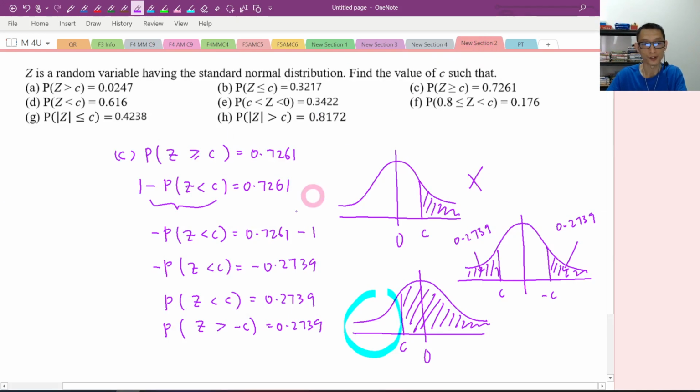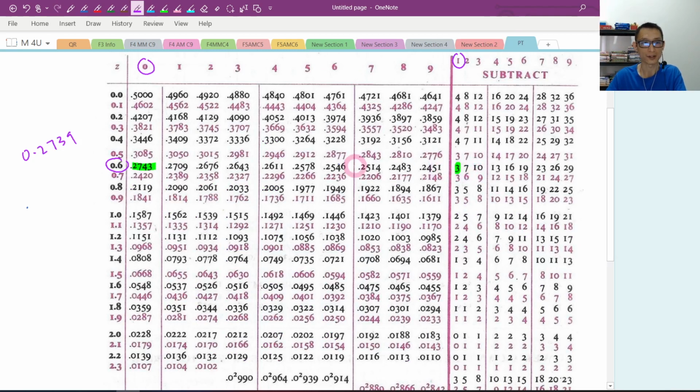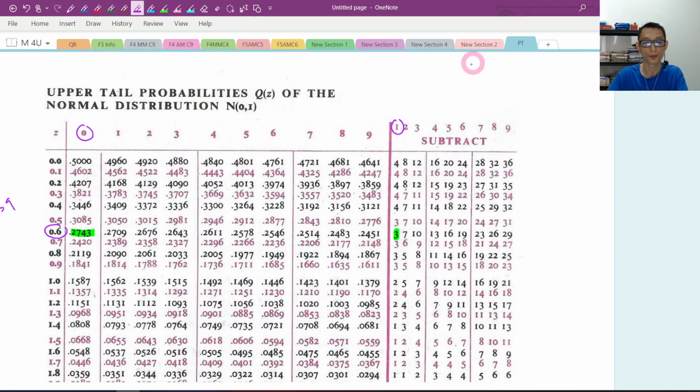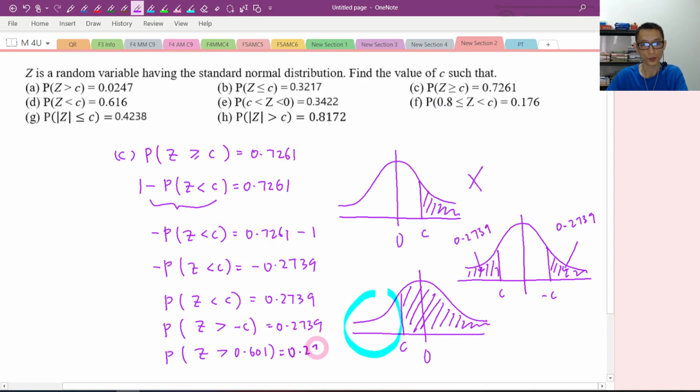This is not our final answer yet, so I'm going to write it this way, 0.601. But 0.601 is actually not exactly what we want, okay, you will actually get 0.2740.